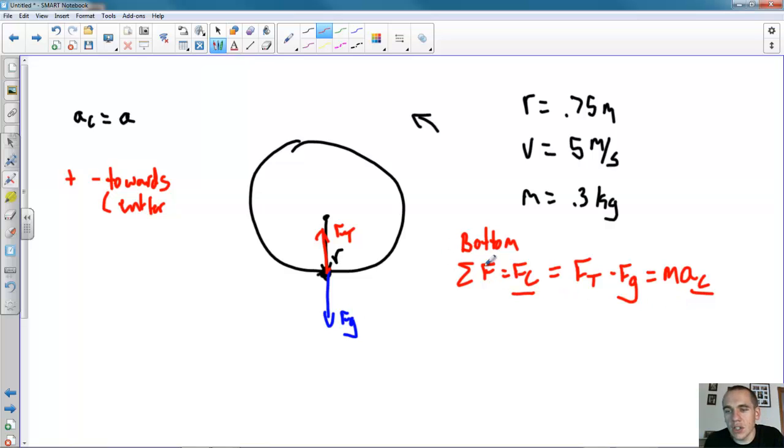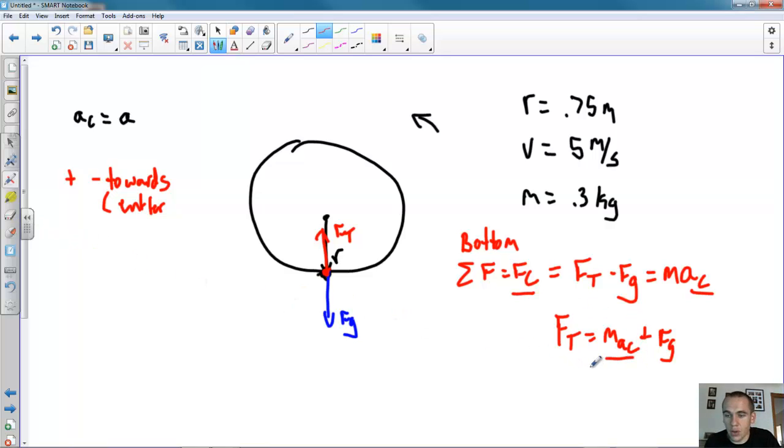So if I want to know the tension in the string at the bottom, the tension at the bottom is going to be equal to mass times centripetal acceleration, that's the force required to put it in circular motion, plus Fg, that's the force required to hold it up against gravity, right? If this thing was at rest down here and it wasn't spinning, then the tension force would be equal to gravity. But since it is spinning, we have to add on that extra little bit that makes it rotate.